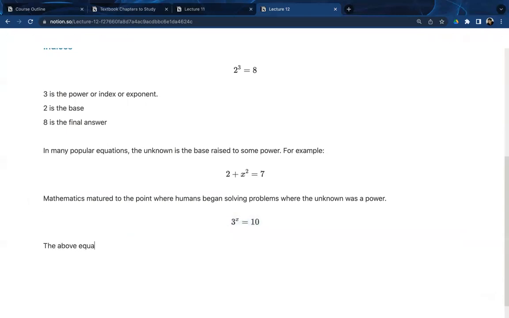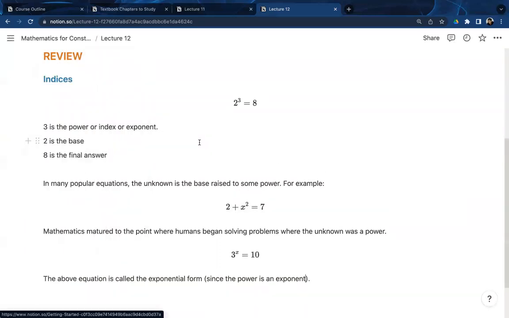So the above equation is called the exponential form. Why is it called that? So the power is an exponent, right? x is an exponent.